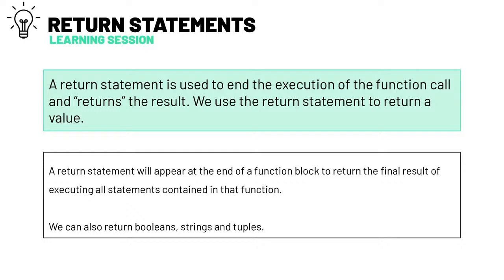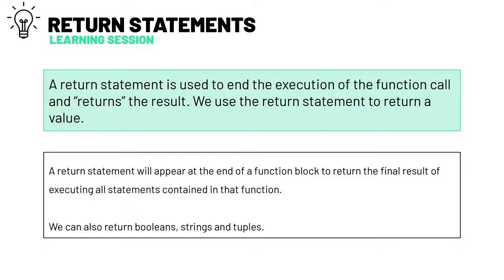Oops, sorry about that. A return statement is used to end the execution of the function call, and it returns the result. In Python, the return value is the result you get from a function when it runs. That's the one-liner definition. A return statement will appear at the end of a function block, and it will return the final result once it has executed the statements contained in that function.